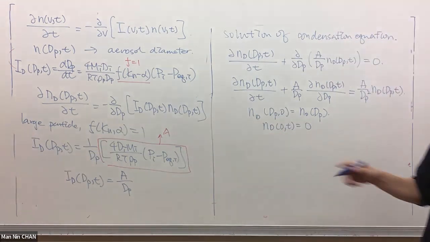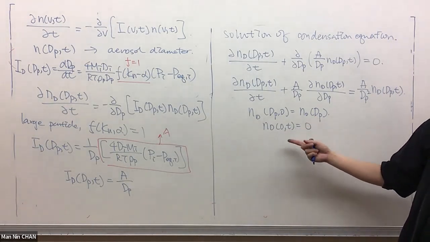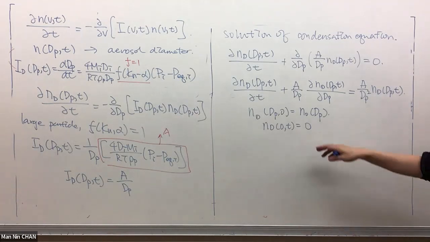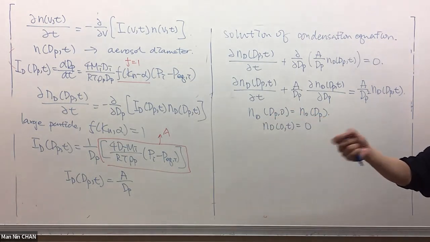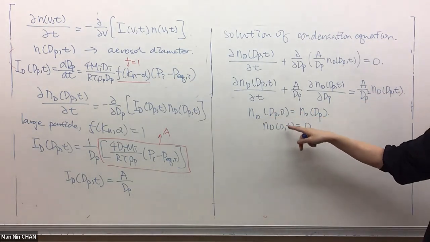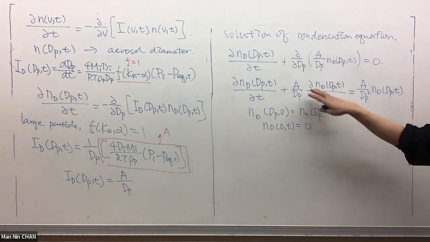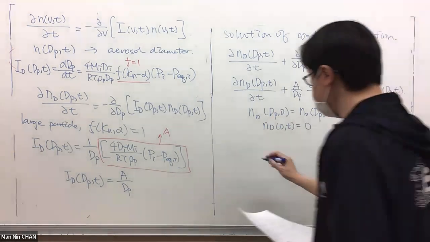And also, of course, when your aerosol size is 0, at any given time t, it is just equal to 0 here. Because the particle size is equal to 0, you can assume the growth is always equal to 0. If you use these boundary conditions and solve this PDE, you will find the equation.